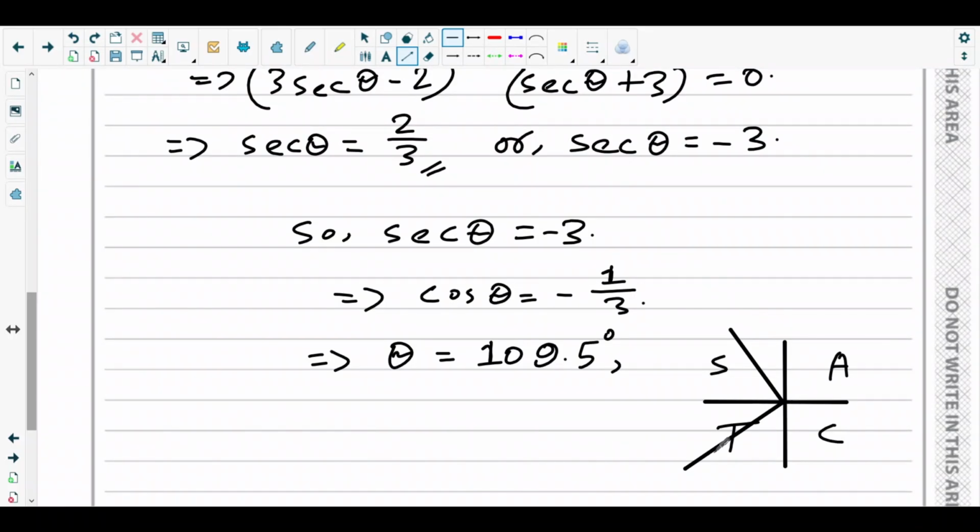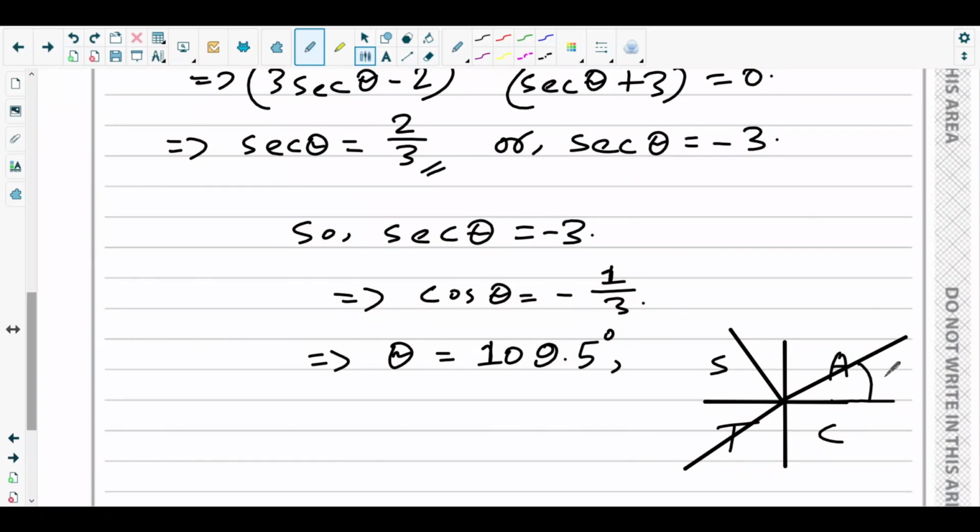So for finding the angle in the third quadrant, we need to find the principal angle. How do we find the principal angle? The value we got, 109.5, subtract it from 180. You will get 70.5, which is the principal angle. The principal angle is basically the acute angle in the first quadrant, which is 70.528.